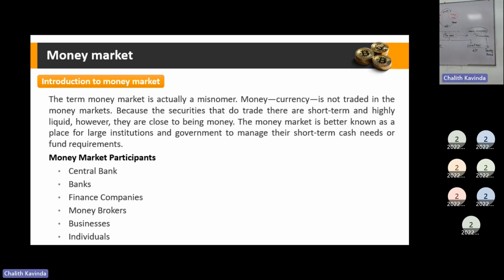Licensed commercial banks or specialized banks? Both. Licensed commercial banks, we have 24. Specialized banks, 6 only.